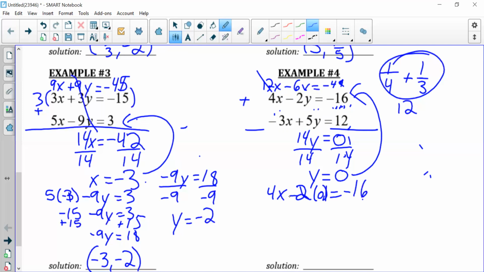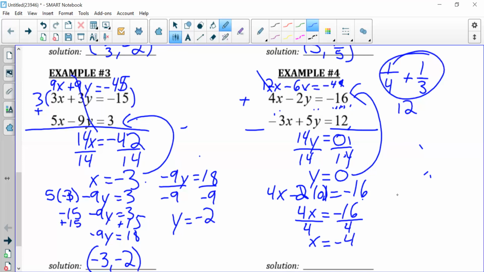Negative 2 times 0 is 0, right? So do I even need to write that? Not really. So I get 4x equals negative 16. Divide both sides by 4. So I get x equals negative 4.